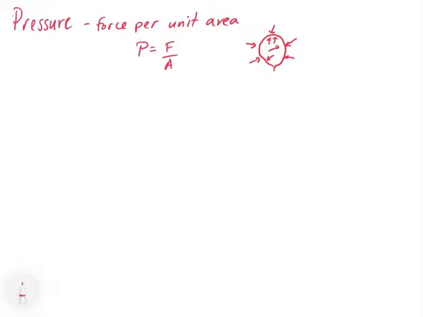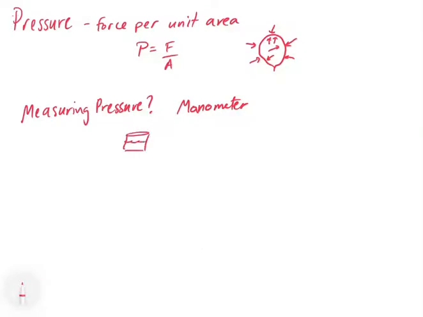So a good question is how do we measure pressure? And the answer to this is there's several ways to do this, but a common way of doing this is through what we call a manometer. Basically, a manometer is a tube that's inside of a container of liquid.